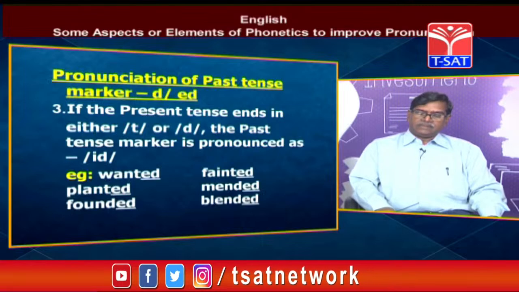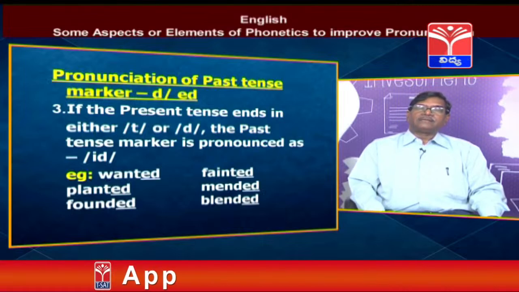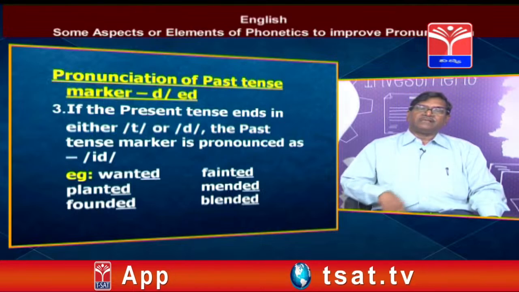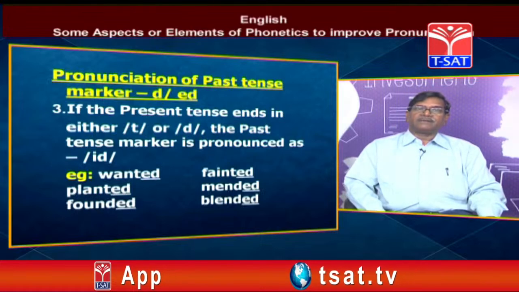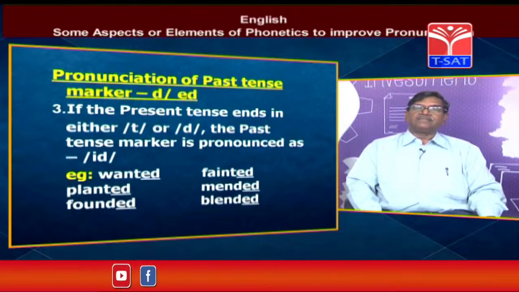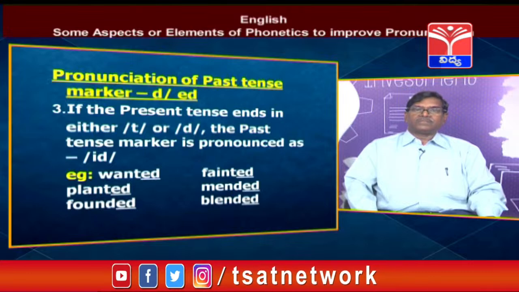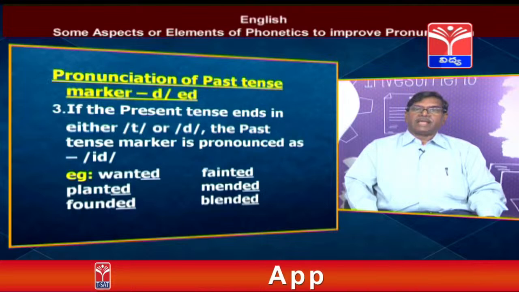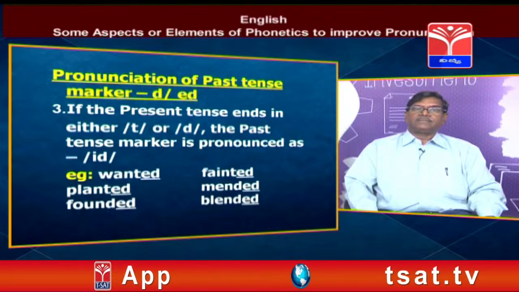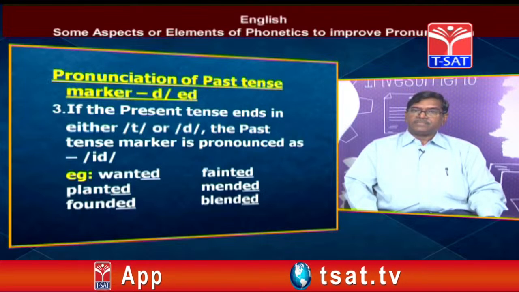And here, if the present tense ends in either T or D, the past tense marker is pronounced as id. Want, wanted, faint, fainted, plant, planted. Not "plantéd", not "fainted" with stress on the end.